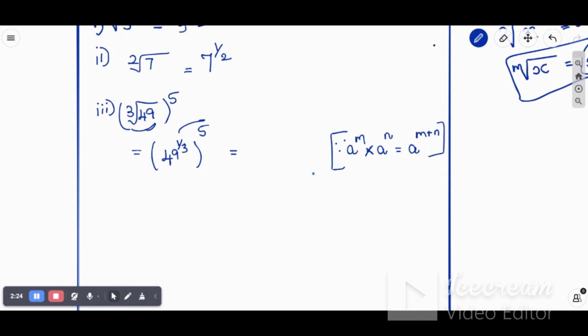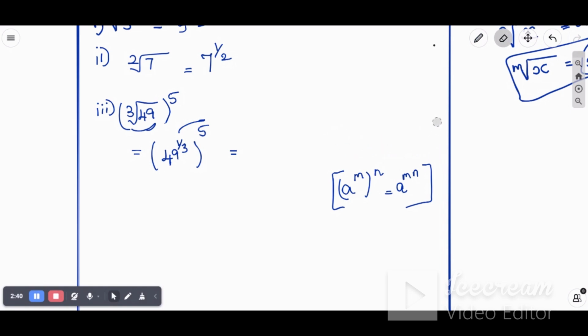There is one more formula we studied: a power m the whole power n is equal to a power mn. We study lots of formulas, so please be clear which one we are using here. Here we are using only this formula, so these powers you have to multiply.